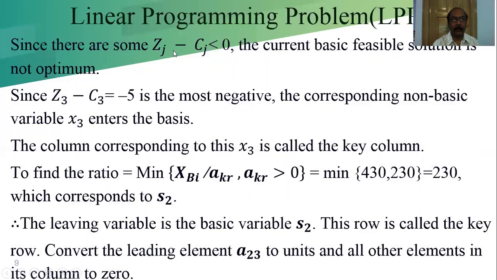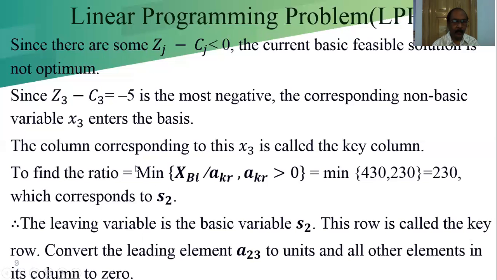Since there are some Zj minus Cj less than 0, the current basic feasible solution is not optimum. Since Z3 minus C3 equal to minus 5 is the most negative, the corresponding non-basic variable x3 enters the basis. The column corresponding to x3 is called the key column.